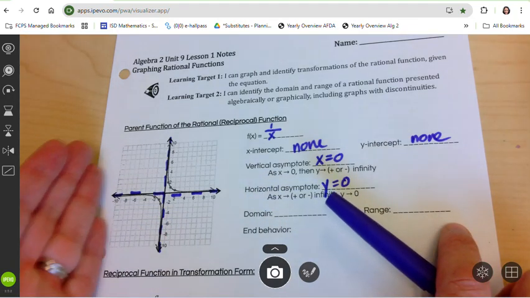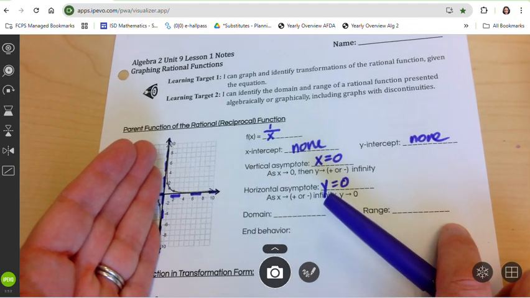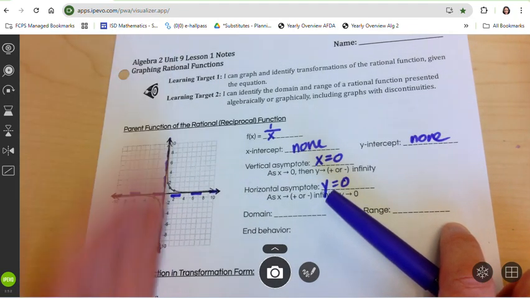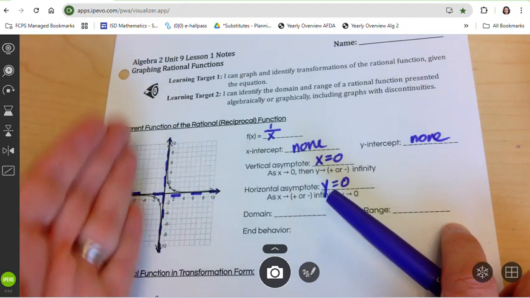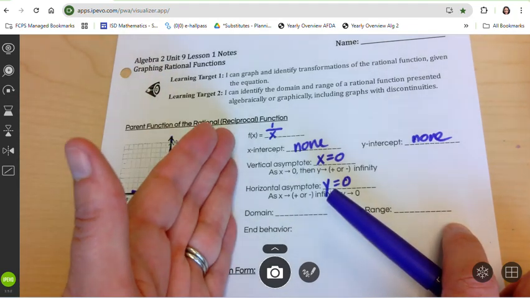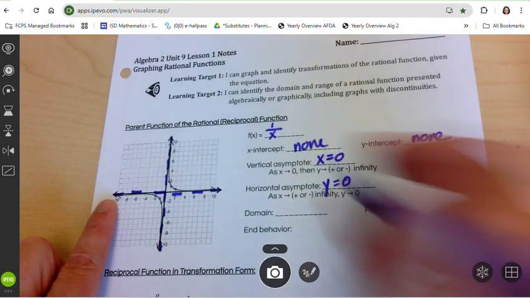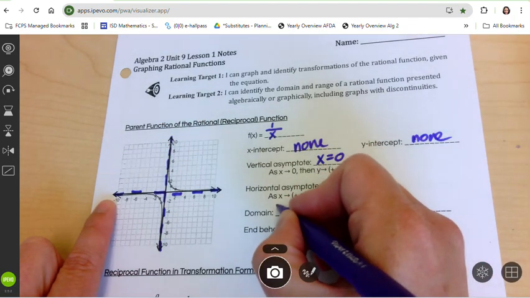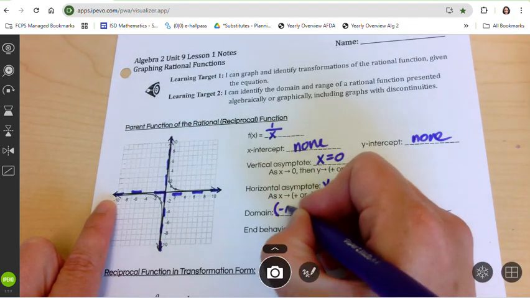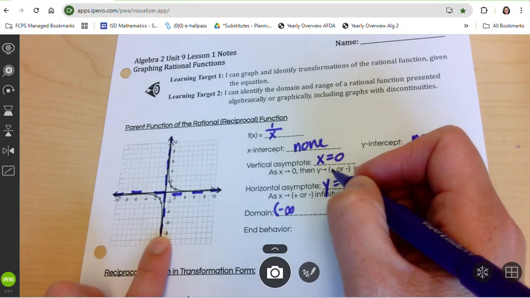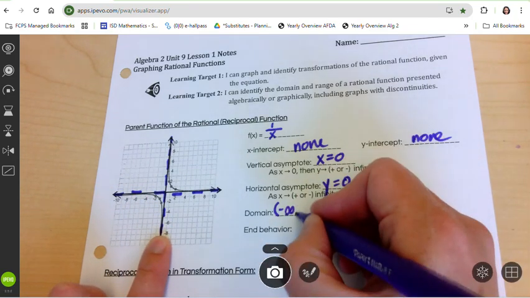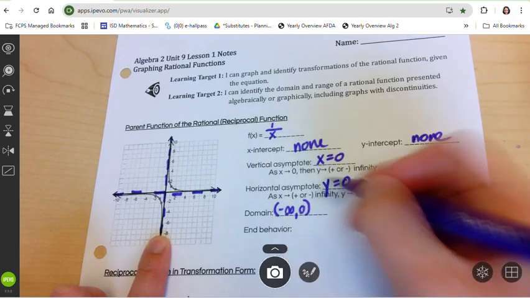You're going to have the domain of this piece, and then because there is this value in the middle that's not defined, we have to then separate and do the domain for this piece. So this piece starts over here at where x is approaching negative infinity. And it continues and gets really, really close to 0, but it doesn't touch 0. So we do 0 with a parentheses.